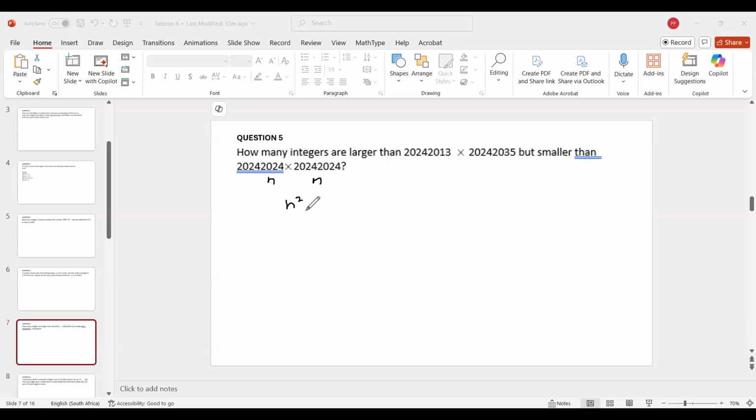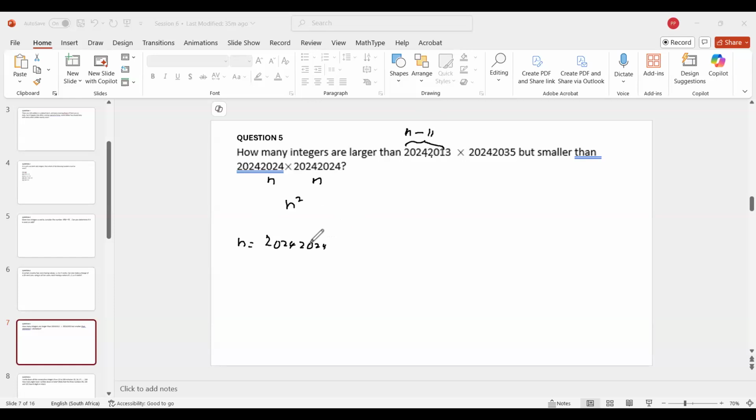So this is really n squared. If this number is n, 2024, then this number here is 2013. If you add 11 to this, you'll get n. So this number here is n minus 11. It's 11 smaller than n.